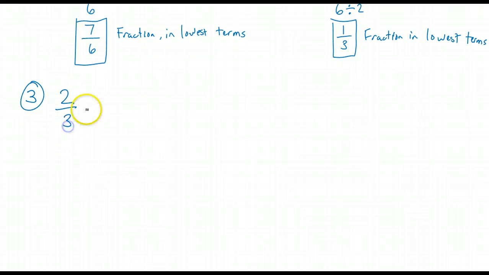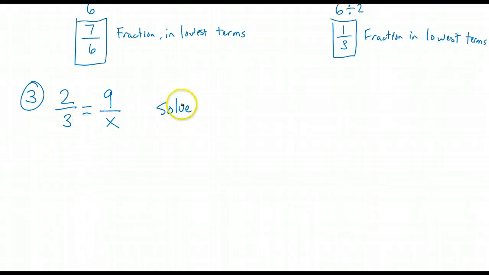Let's look at a third example. In this case, I do have an equal sign, so I really have a proportion. To solve for x, I'm going to need to cross multiply. Since I have an equal sign, my directions will be solve.